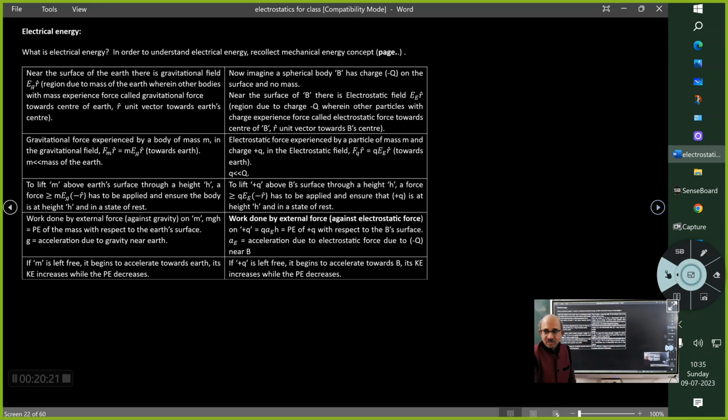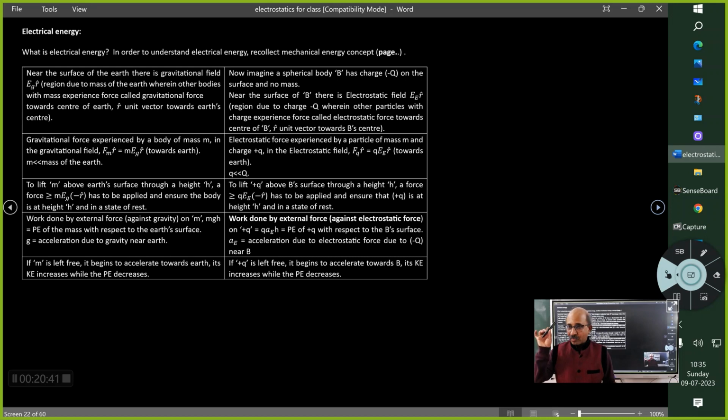Now here, this has got potential energy. Now forget there is Earth. Can you forget there is Earth? Instead of Earth, I have got charge minus q. Can you imagine? Instead of mass m, you have got charge minus q.